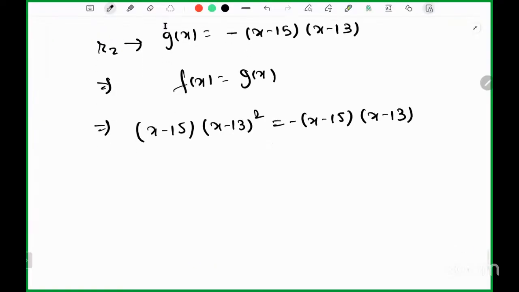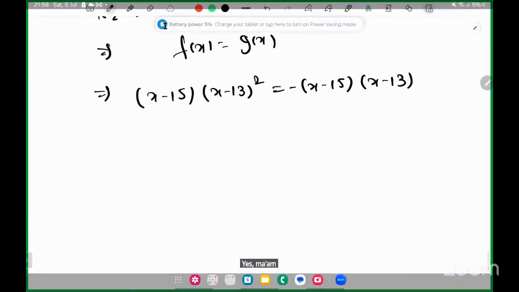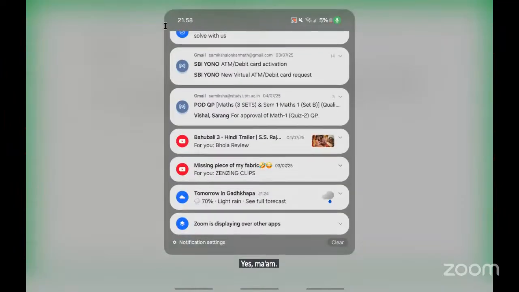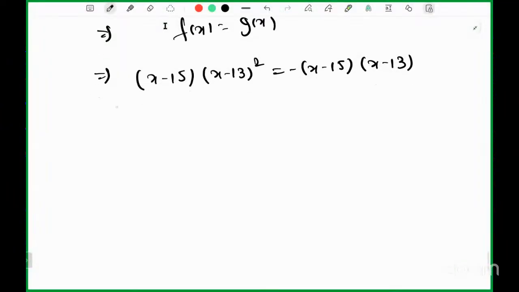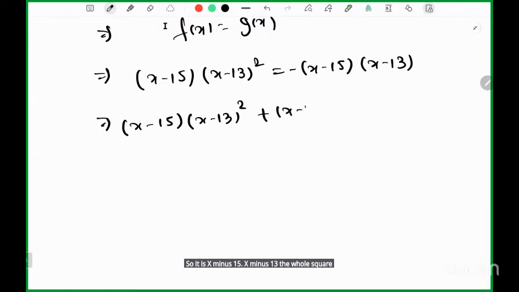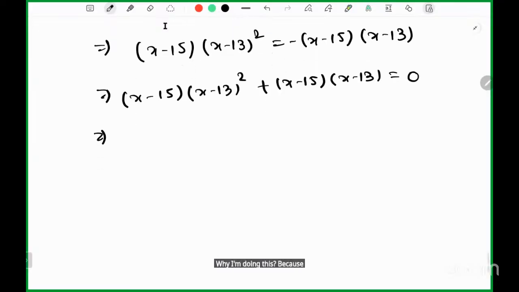Now what we can do is take this whole thing over here. That is (x minus 15)(x minus 13) the whole square plus (x minus 15)(x minus 13) equals 0, right? Why am I doing this? Because if you cancel out, then you won't get all the values of x.